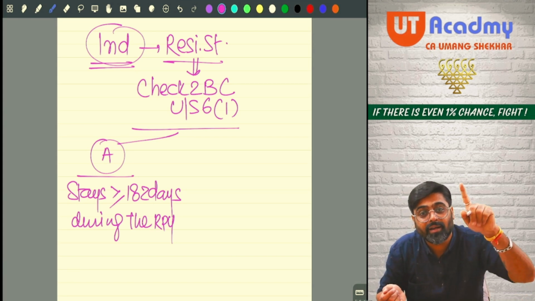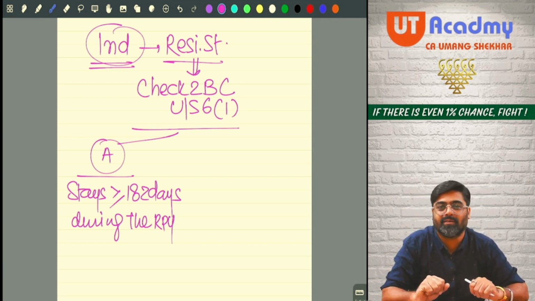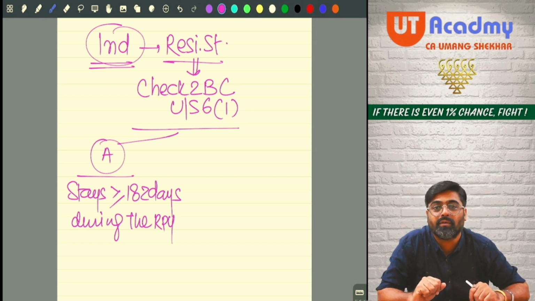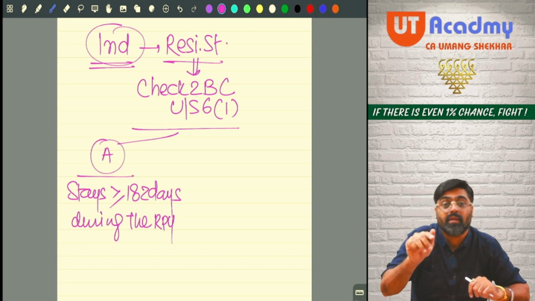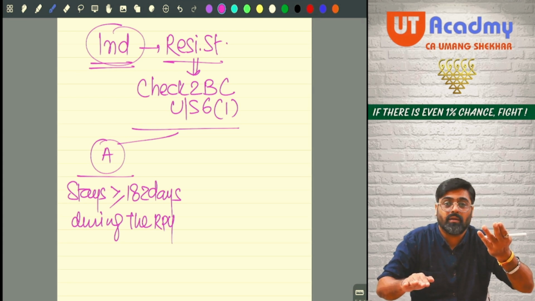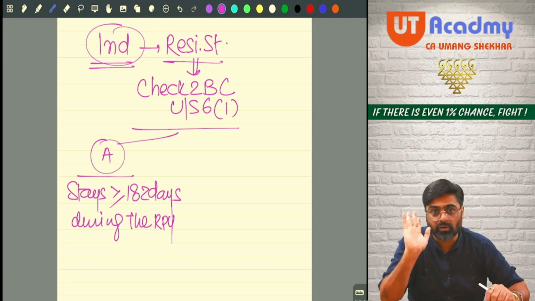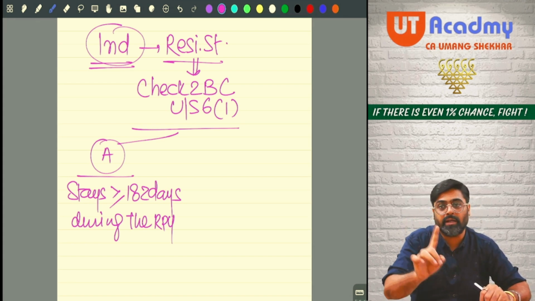You will be treated as a resident because basic condition A is fulfilled. Yes or no? Why? Because your stay in the relevant previous year is more than or equal to 182 days. If it is equal to 182 days, then also fulfilled, and if it is more than 182, then also fulfilled.